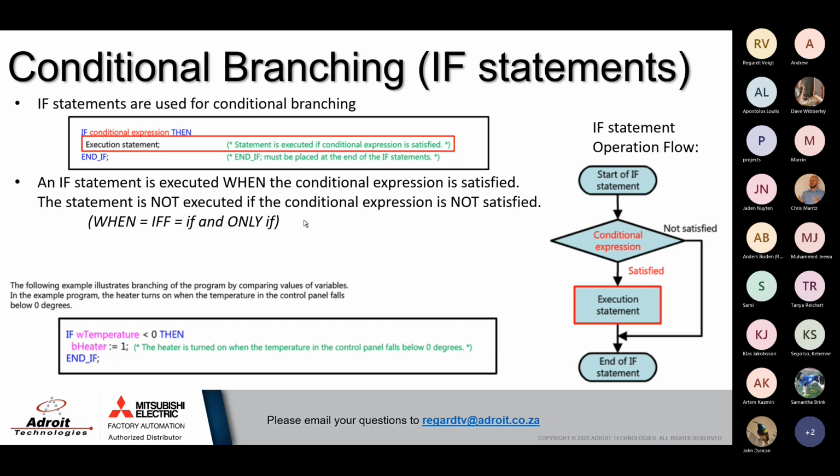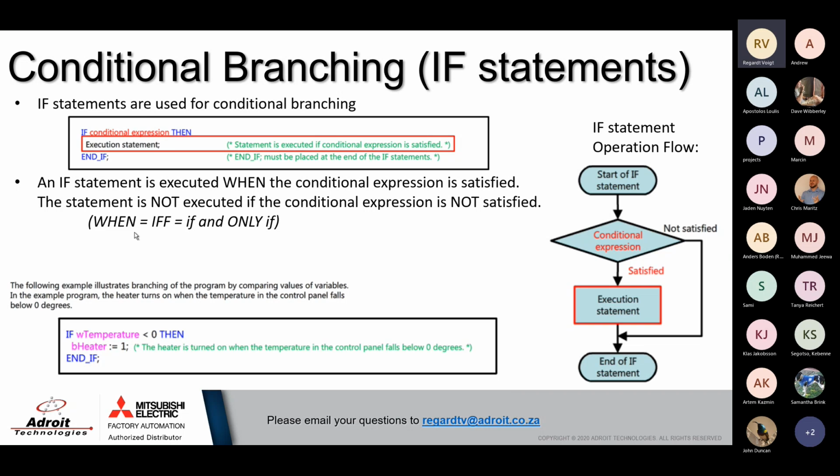So your if statements are used for conditional branching, your if then. So your conditional expression needs to be met, needs to be satisfied for the execution statement to be executed. Mathematically that would be your if and only if statement.